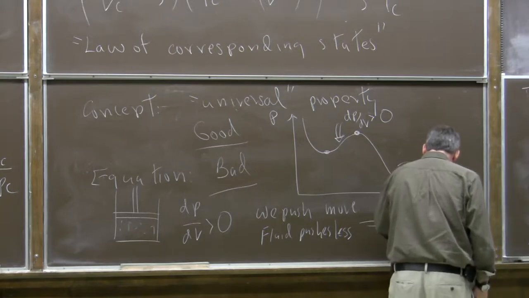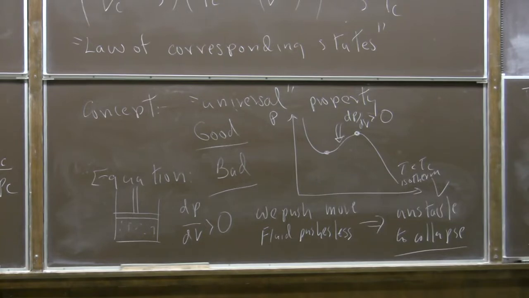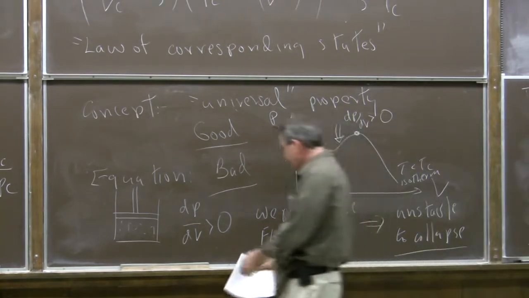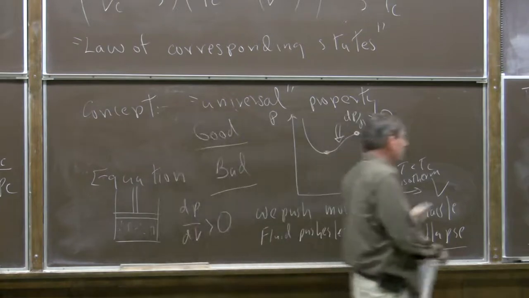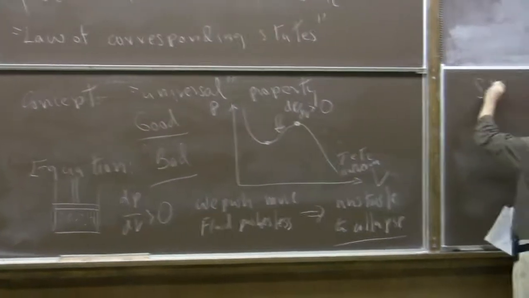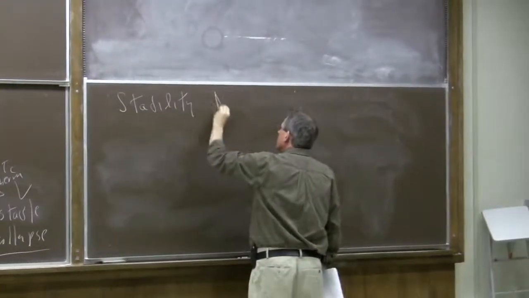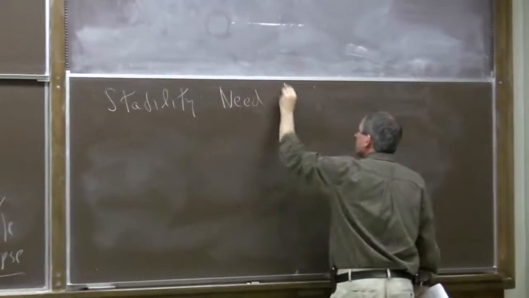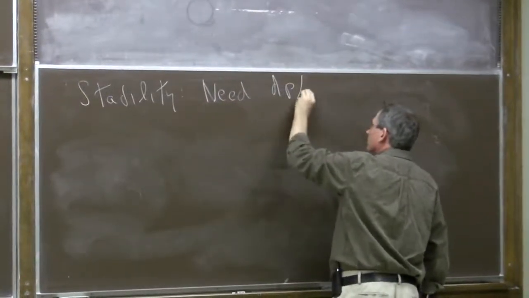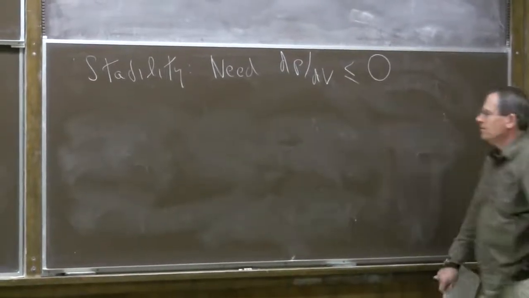It'll just collapse. We're not really in a stable equilibrium. For stability, we want dP/dV to be negative, or at least less than or equal to 0.